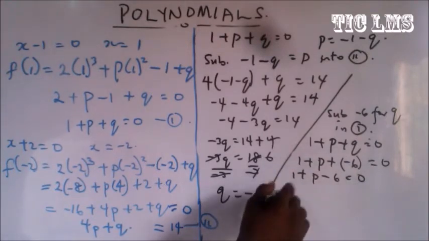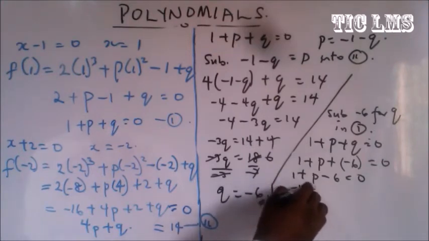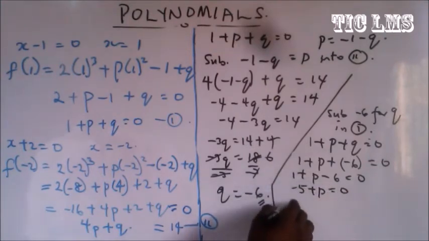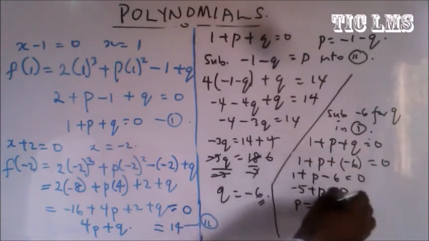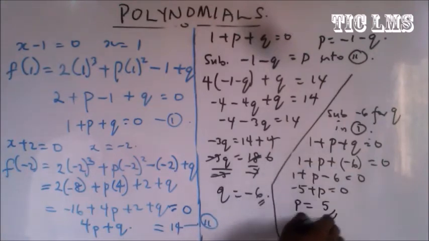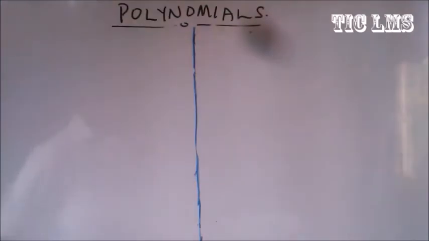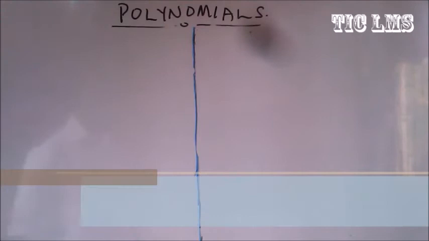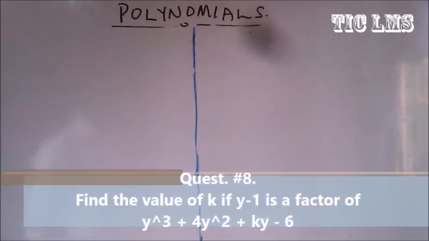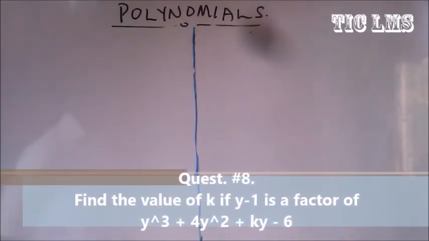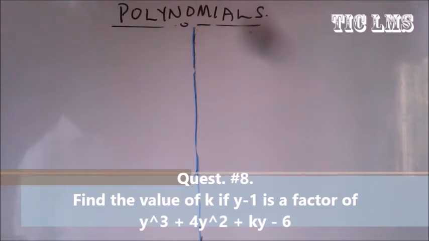Now 1 minus 6, that is minus 5 plus p equal to 0. And so p equal to minus 5 comes over here and becomes 5. And so we have gotten the value of p to be 5 and the value of q to be minus 6.